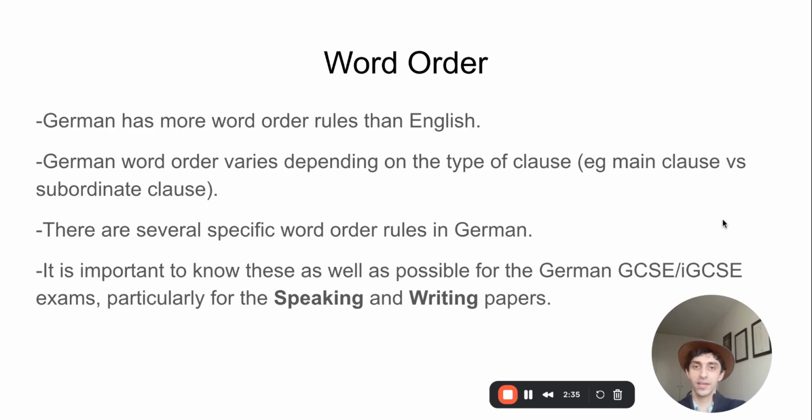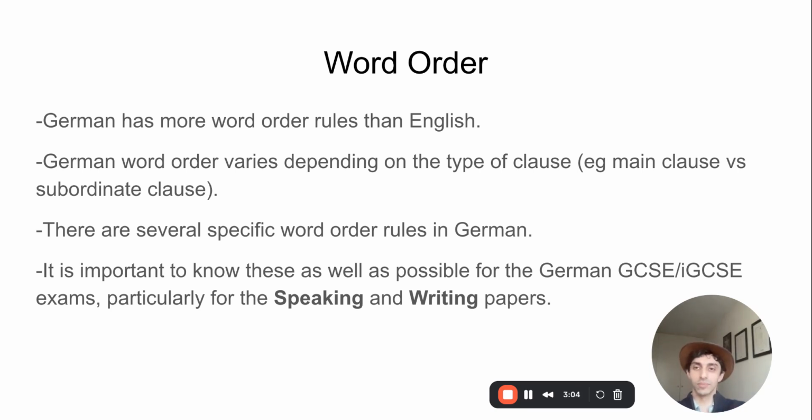Okay, so word order is, in my experience learning German, something that many students do struggle with. And there are good reasons for that. German does have many more word order rules than English. English and German are both Germanic languages, so they're not just from the same broad language family, but actually from the same narrow language family as well.